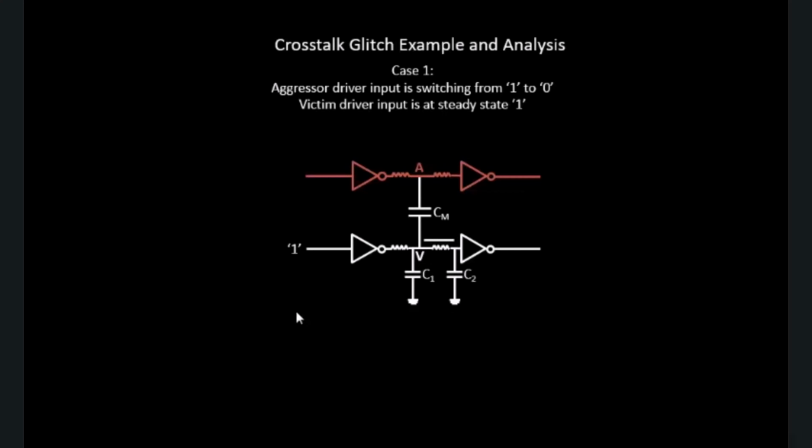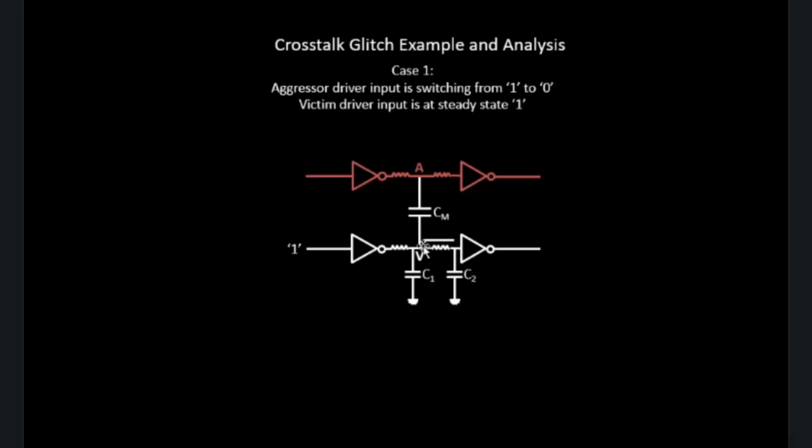Now let's see what happens when we provide an aggressor driver input that is switching from logic 1 to logic 0. We'll look at it step by step. I think this part is pretty clear: the victim input is at logic 1, the victim output is at logic 0.